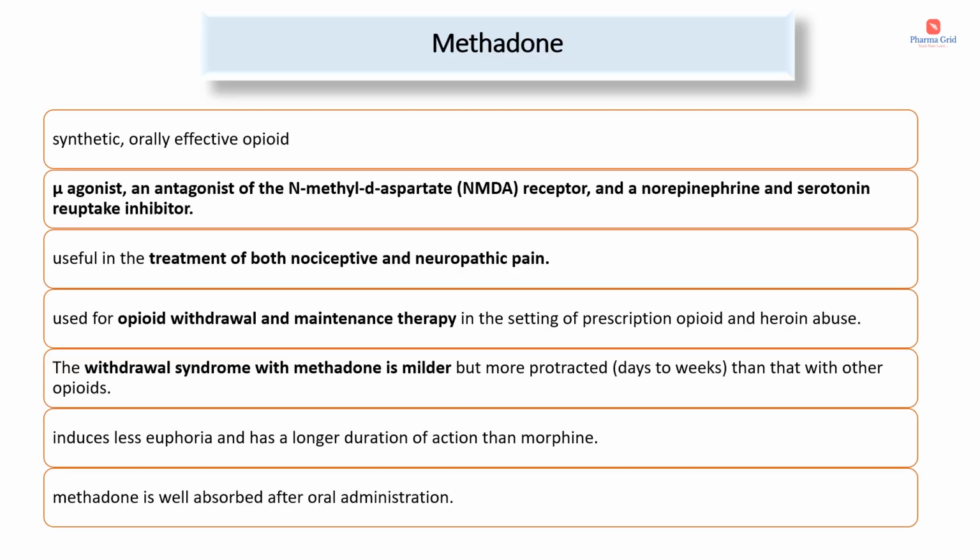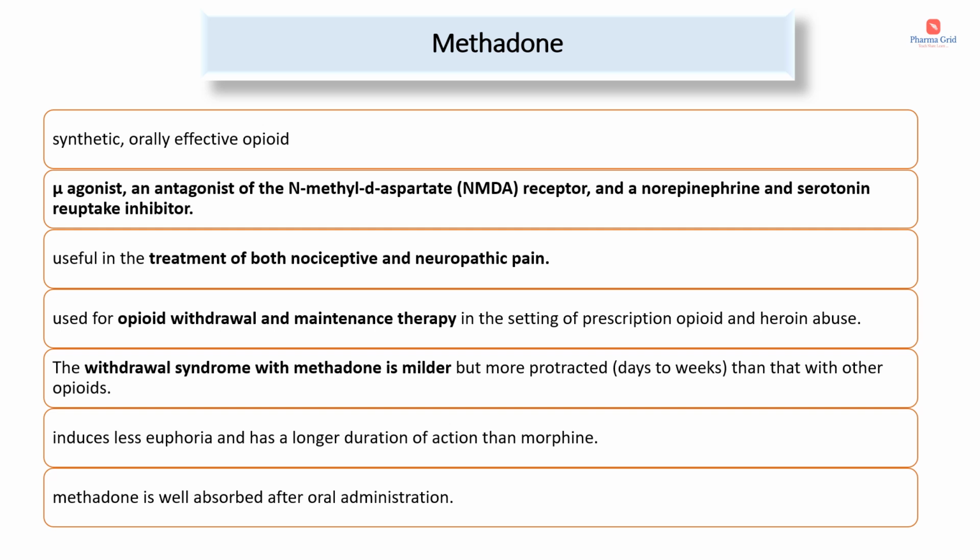Next drug is methadone. It is a synthetic orally effective opioid mu agonist and antagonist of the NMDA, that is N-methyl D-aspartate receptor, and a norepinephrine and serotonin reuptake inhibitor. So regarding methadone, its mechanism of action is that it is a mu agonist, an NMDA receptor antagonist, and a norepinephrine and serotonin reuptake inhibitor.